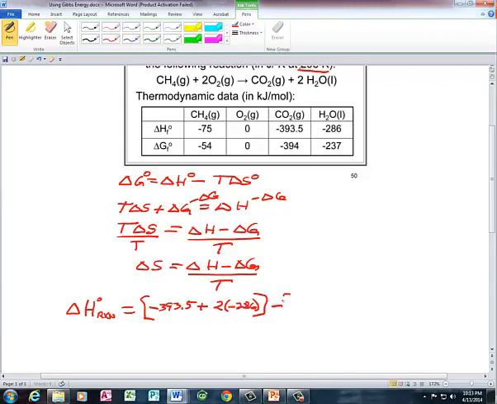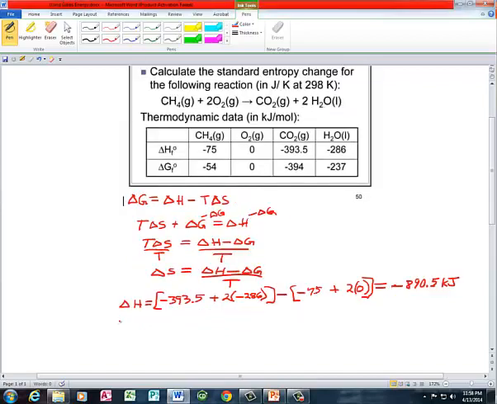There are my products minus my reactants, and my only reactant that I have to worry about is the methane, and that's minus 75. Just for consistency, since I have 2 oxygens, I'll remind myself that oxygen has a delta H of formation that's equal to 0. And when I come out with the delta H, I come out with minus 890.5 kilojoules.